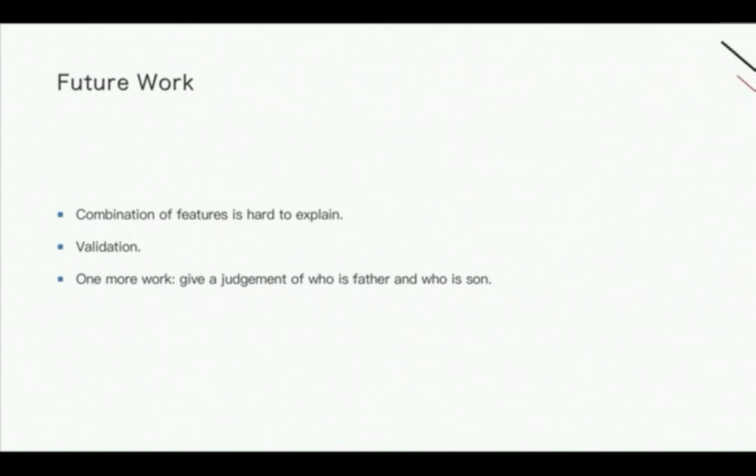Also, with the limit of time, we didn't adopt cross-validation, so we can train the model for different validation sets and then take the average of the predictions of all models. We also think that maybe we could do further work to detect who is the father and who is the son, which could be interesting.